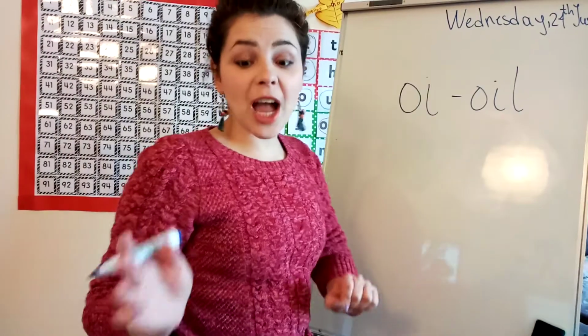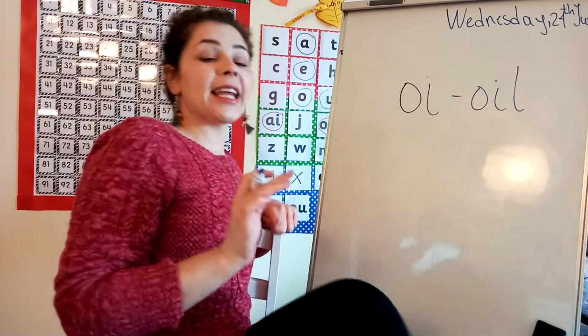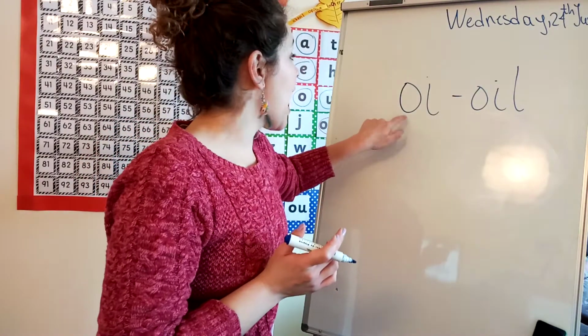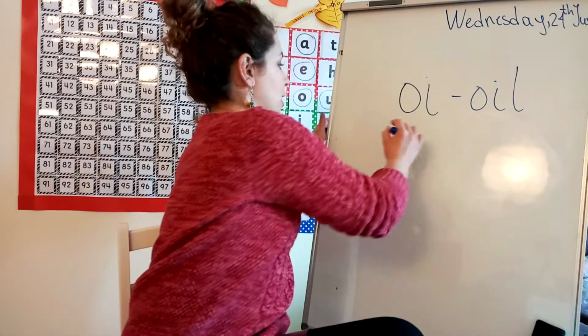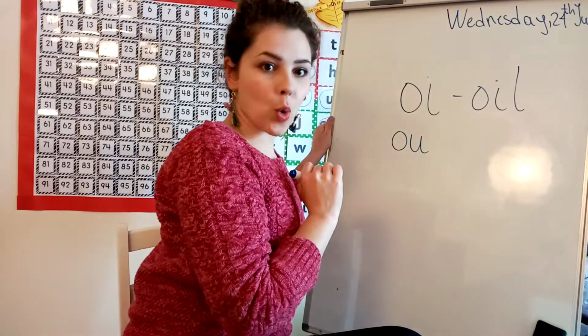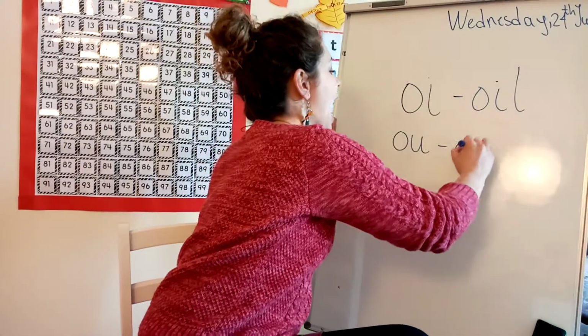Let's make it clear what some other options are when we have the letter O. Last class we talked about ow as in out.